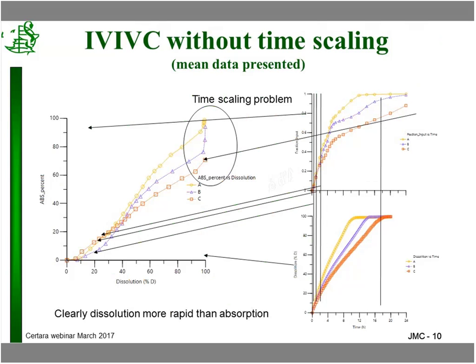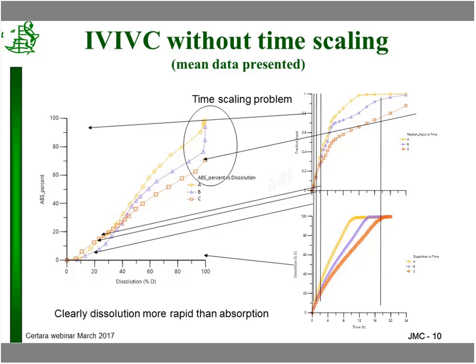I am going to make one point at the same time in vitro and in vivo. This is what I can observe in this case on the left side of this slide. I have my classical IVIVC with in x-axis the dissolution and in the y-axis, the absorption in percent. What I observe? I observe something which is quite classical.